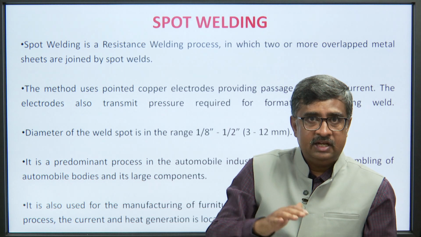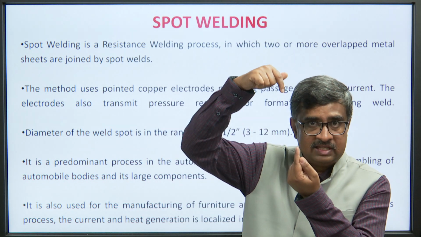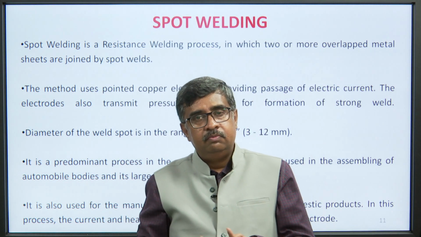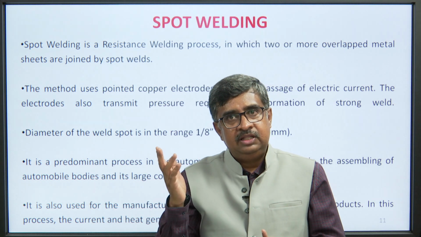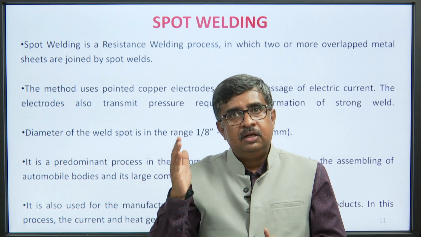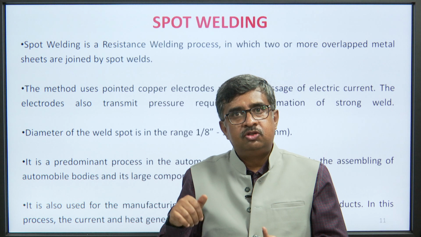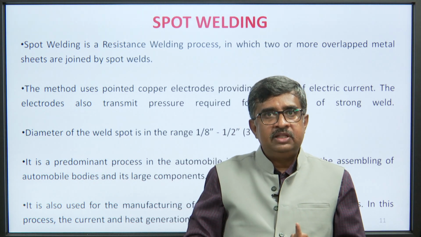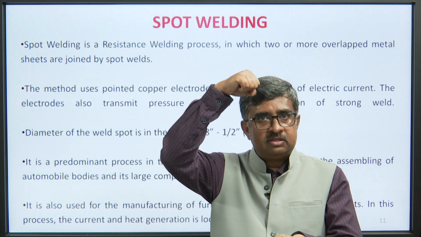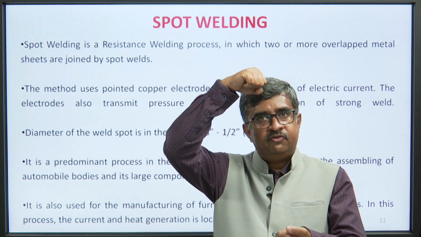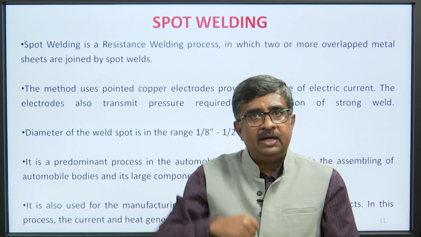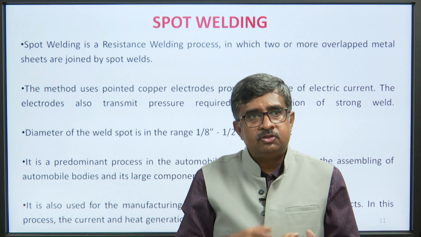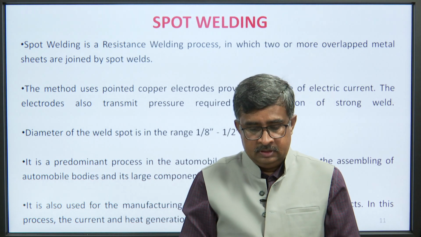We apply pressure through the same electrode. In the figure, you are applying the pressure through your leg, moving the paddle such that pressure is applied on the workpiece through the electrode.